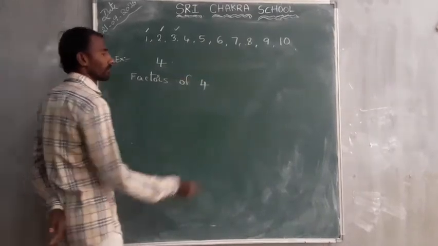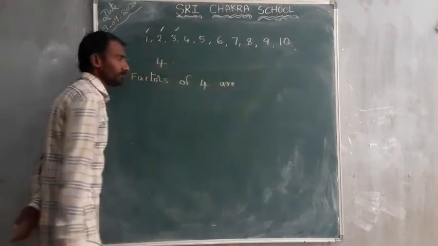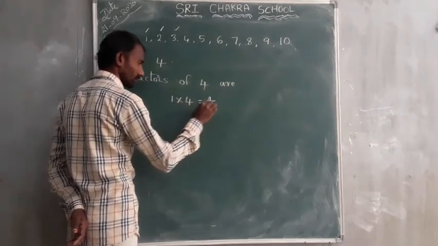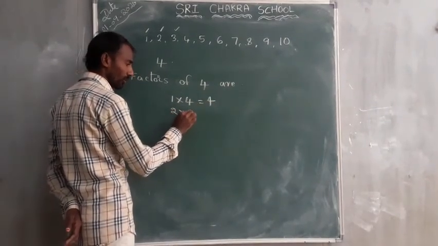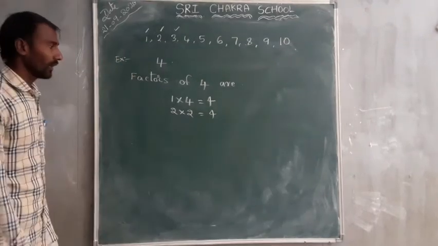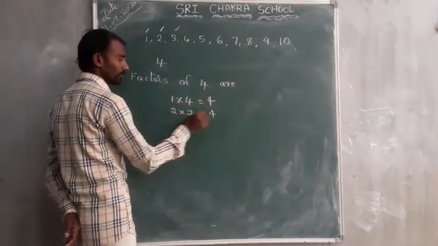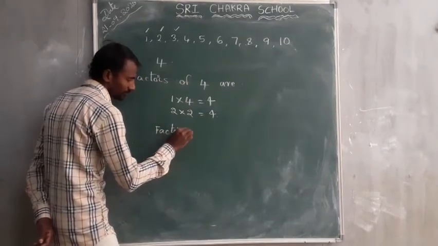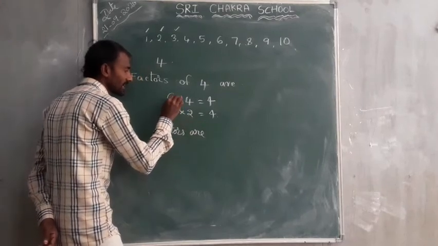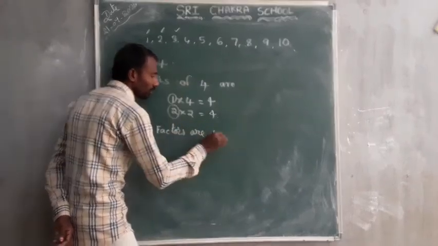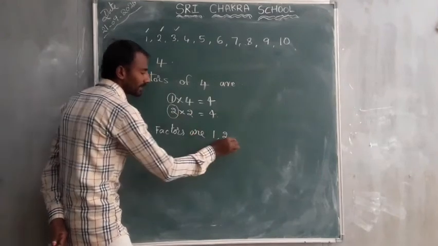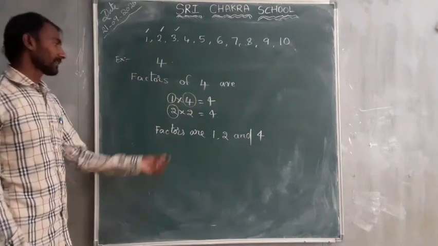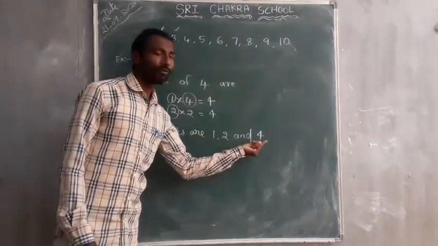You can write 4 as 1 into 4. Similarly, 2 2s are 4. Now the factors are, you have to list out these. 1, 2, 2 is same again there, and 4. So there are 3 factors, 1, 2 and 4.